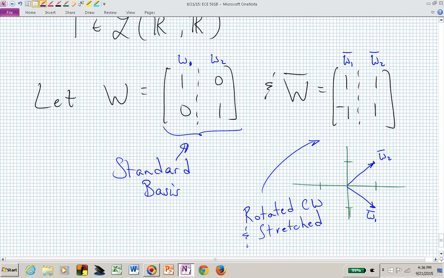So now the question was, do these basis vectors have to be orthogonal? And what does it require for a set of vectors to form a basis? They have to be linearly independent and they have to span the space. So no, they don't have to be orthogonal, although my choices are, so maybe that was a poor choice. But they are a set of basis vectors, aren't they? You can get to any point in the two-dimensional space by some linear combination of the W vectors or the W bar vectors.